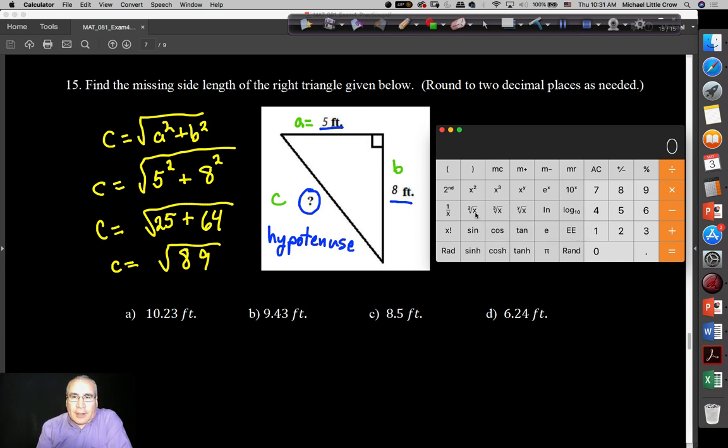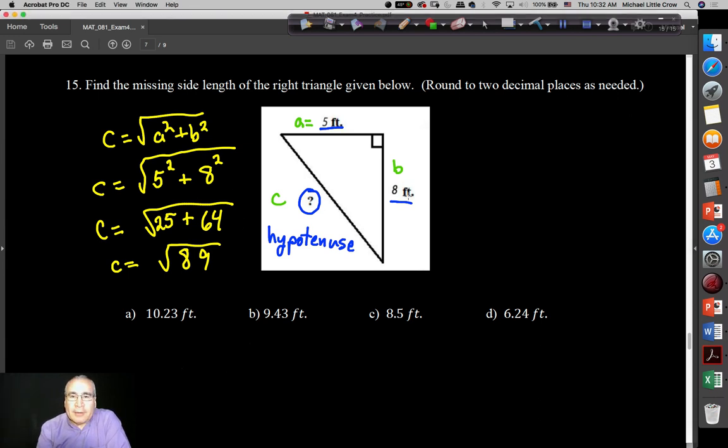Some calculators you have to hit the square root button first and then enter your number, but on this one you have to enter the number first and then hit the square root button. So it's a little tricky. You'll want to practice in advance using whichever calculator you have.